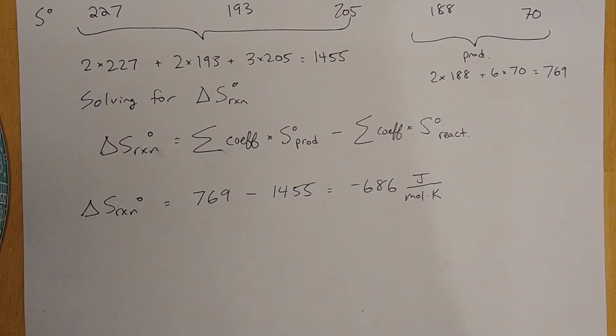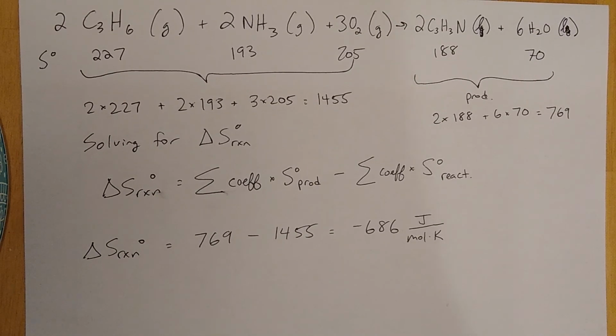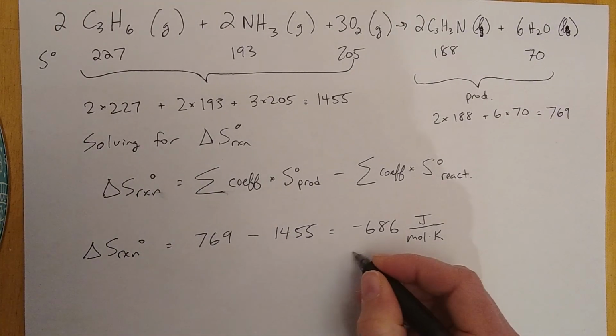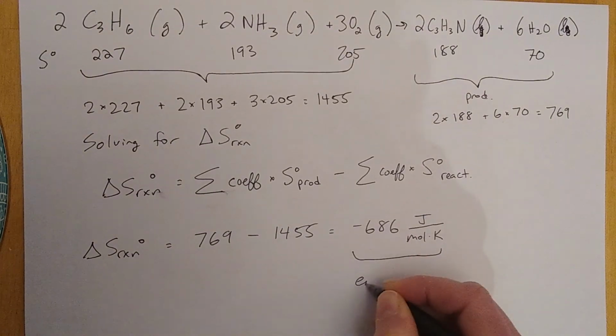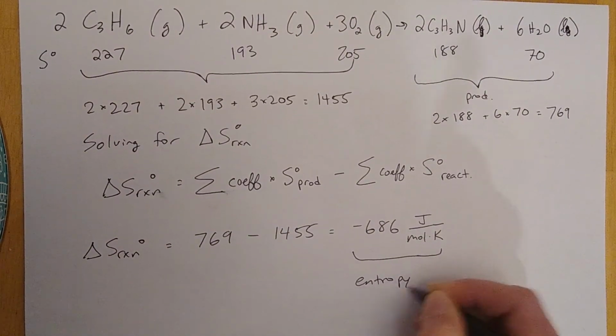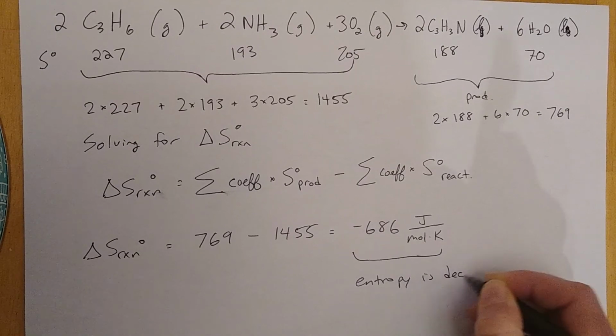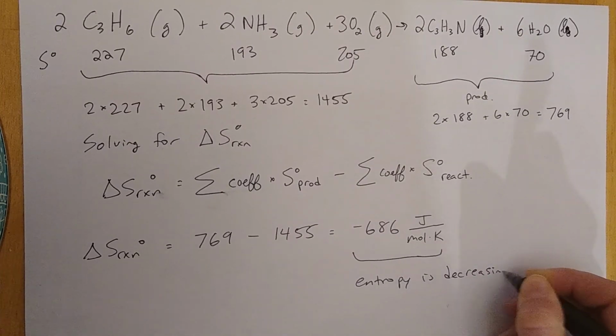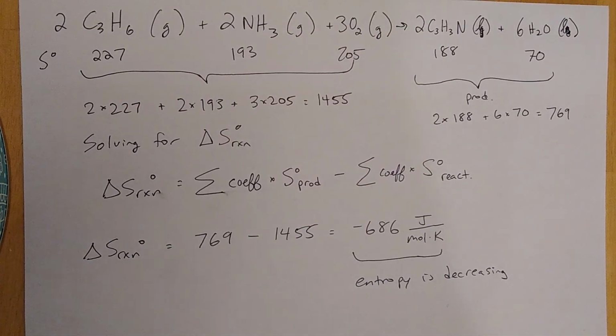So as I suspected, my reaction, because of that negative sign there, what that symbolizes is that entropy is decreasing. This is my change in entropy. So if it's negative, that means it's decreasing. I think it's also useful to think about this in terms of dispersal.